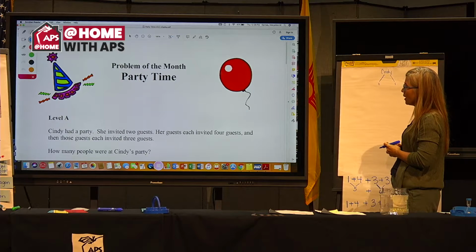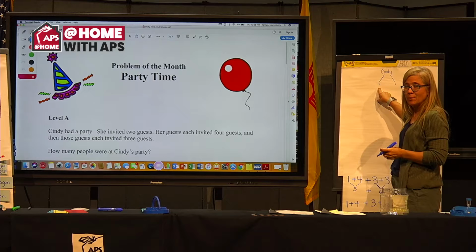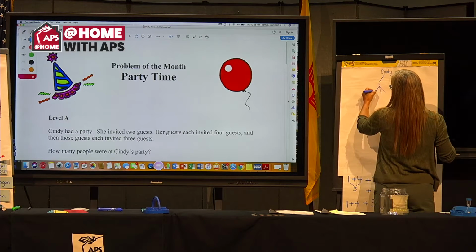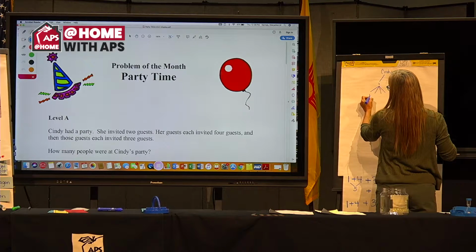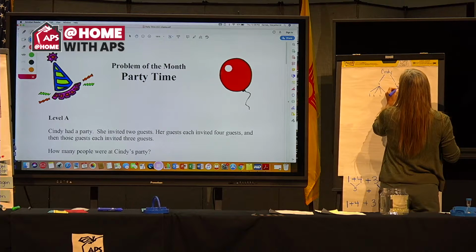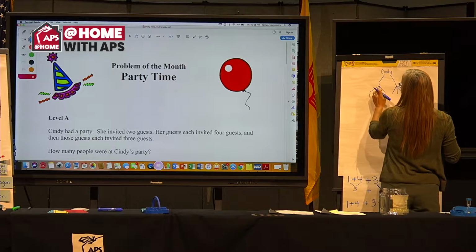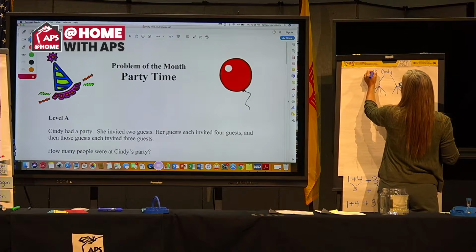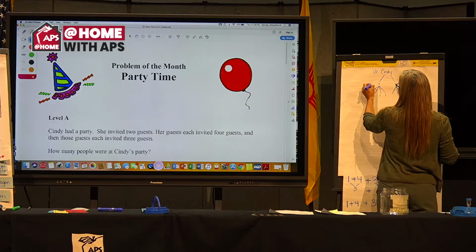And then each of these people invited how many people? They all invited 4, right? So these people are all here. So here we have 1, and then we have 2. So here's 1, and then we have 2 more people. So that's going to give us 3.